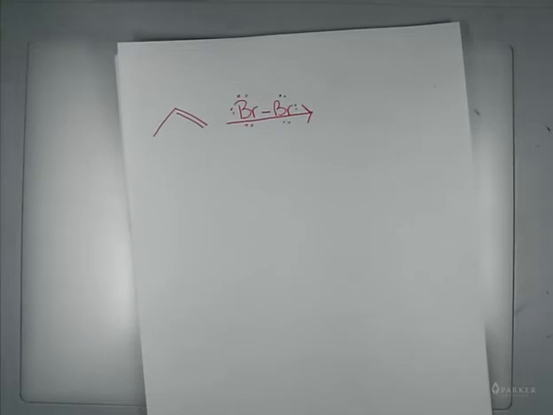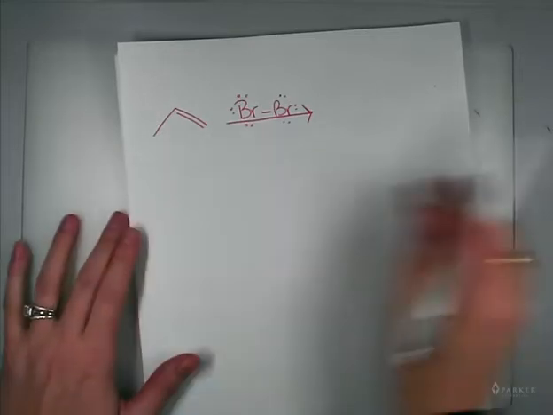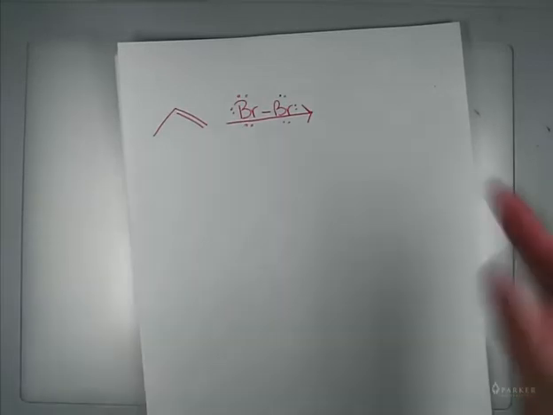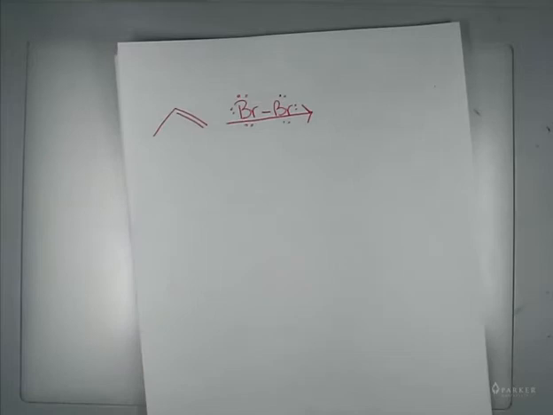Okay, now based on your knowledge of the reactions we've done so far, what do you think adds across the double bond? A Br and a Br. So 2 bromines. Do you think it matters where you put either one? No, so there's not really a Markovnikov or an anti-Markovnikov.